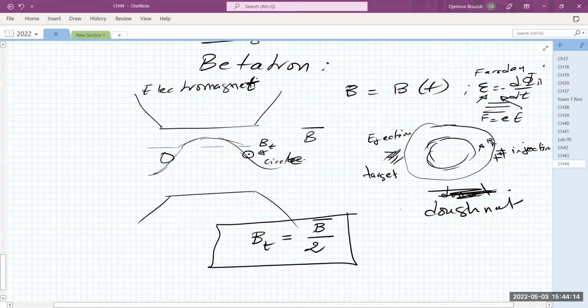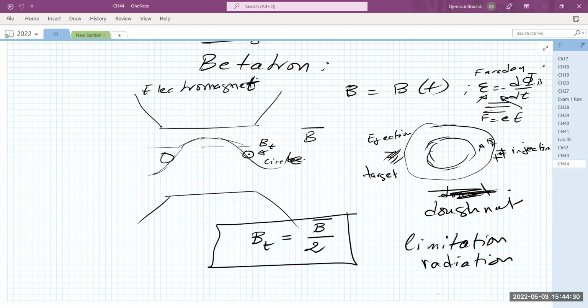And again, the only limitation is the same limitation as on the cyclotron, namely radiation of energy. This is actually a very, very powerful accelerator, and you also can reach extremely high velocities for the electrons, which then you can smash into targets. Make sense?